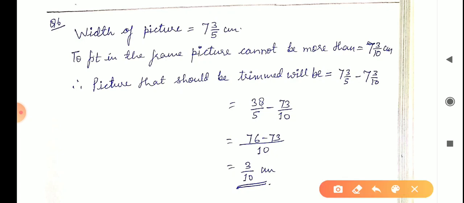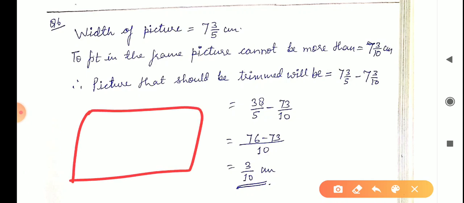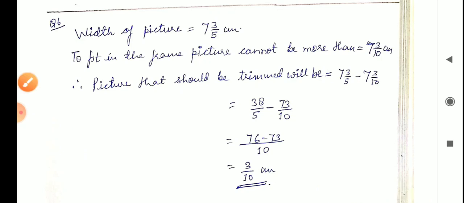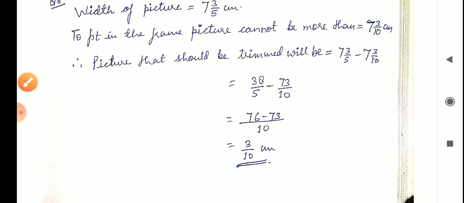Now come to question number 6. This is a good question. The width of the picture is given. It's 7 whole 3 by 5 centimeter, and the frame is given. Okay, this is the picture and this is the frame. To paste the picture inside the frame, the picture should be smaller so that we can fit it inside the frame. But we see that in the question, the width of the picture is greater than the width of the frame.